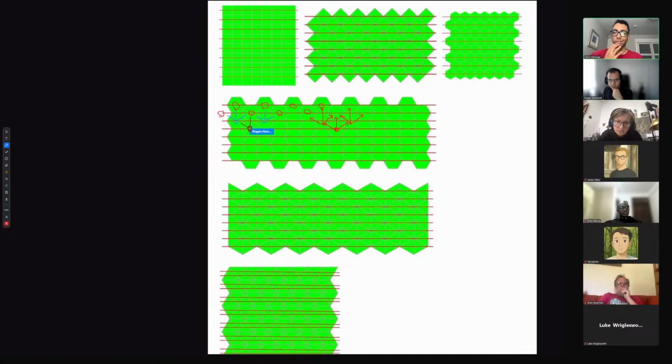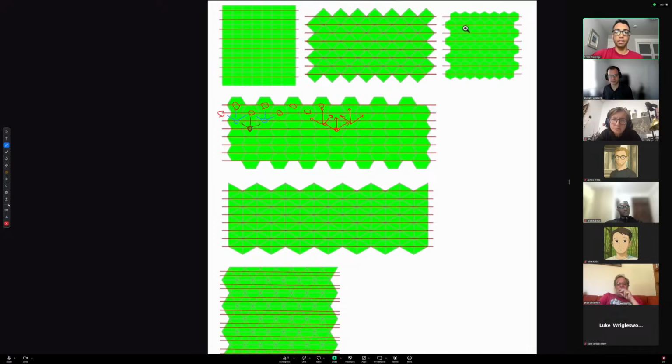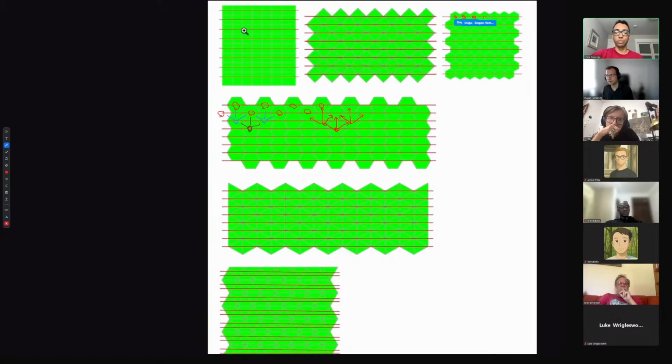Wait, I think I know what you're talking about, even though I can't see what you're drawing. You're talking about how the rows alternate with an offset on the x-axis, right? Yeah. With the vertical hexagon grid, this is a little bit sad, but it's pointless because all the rules are just a subset of the rules on the original square grid, if I'm not mistaken.